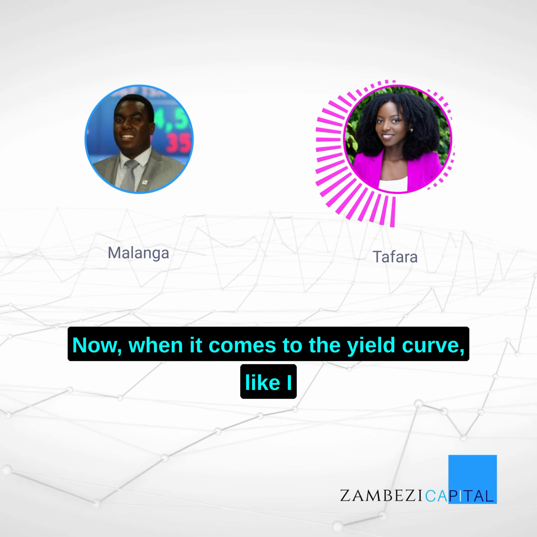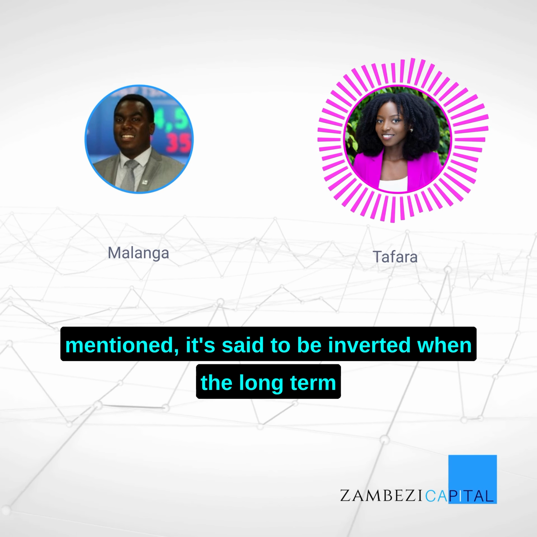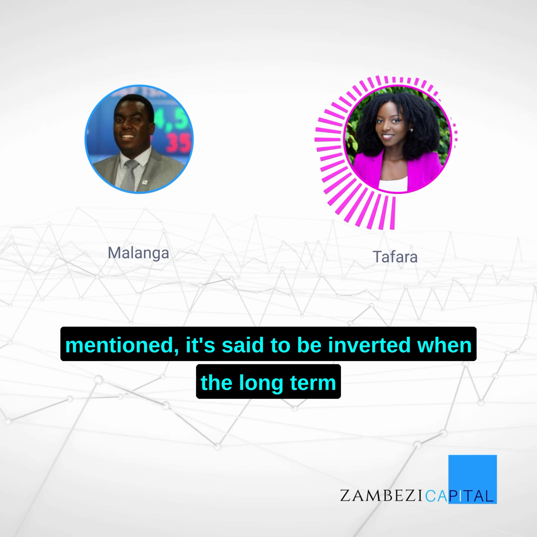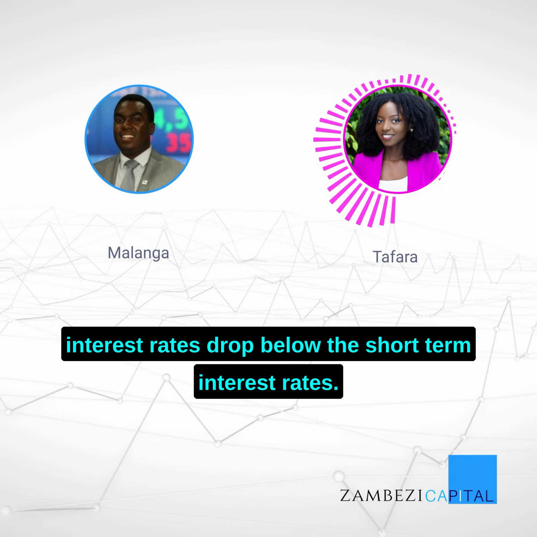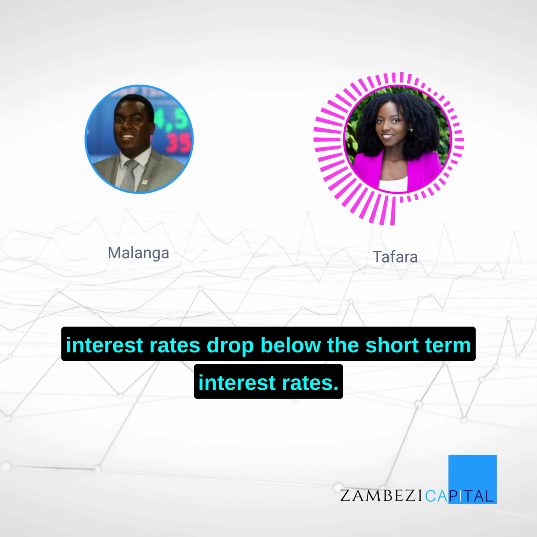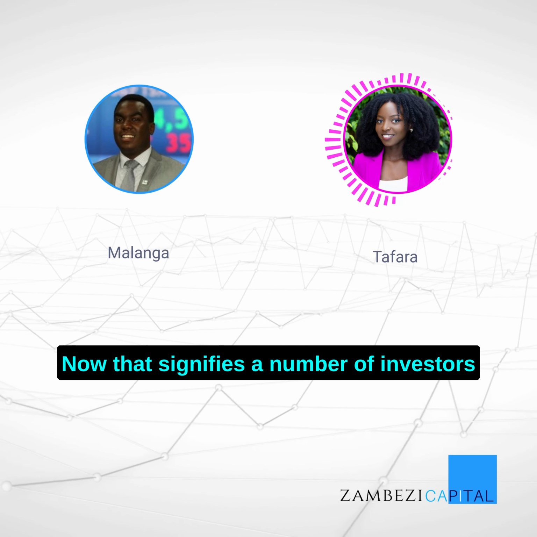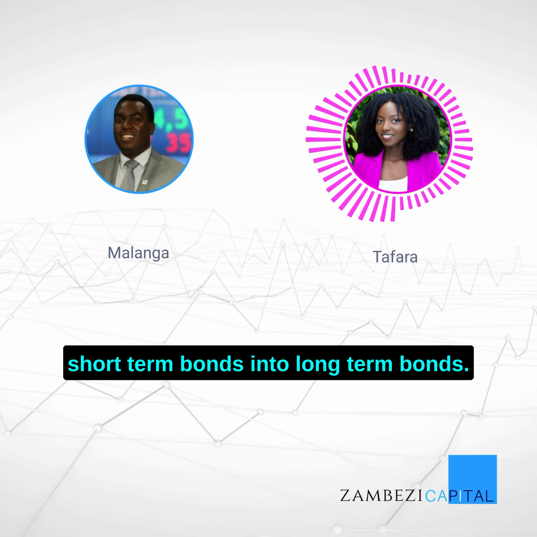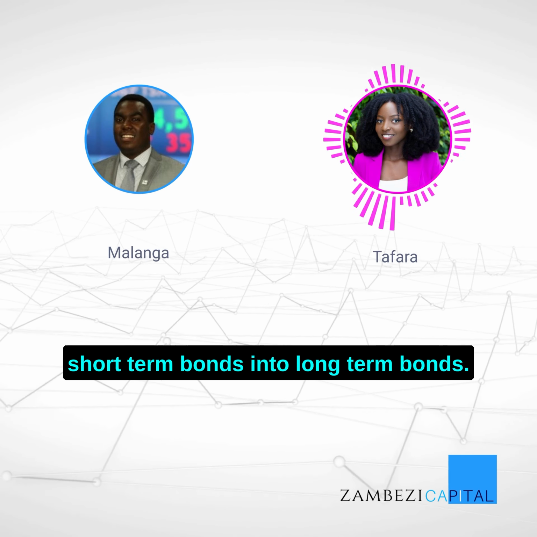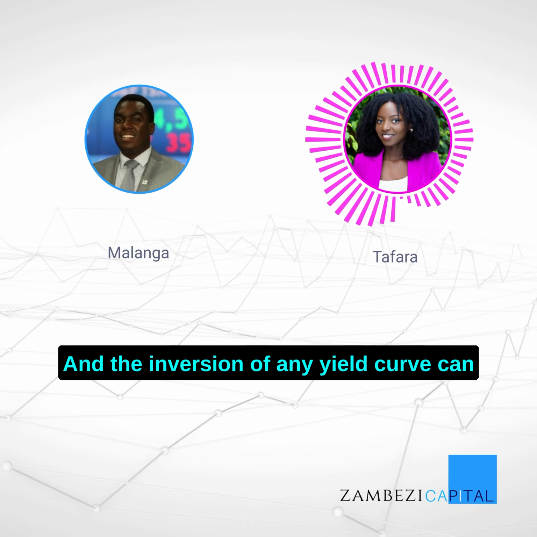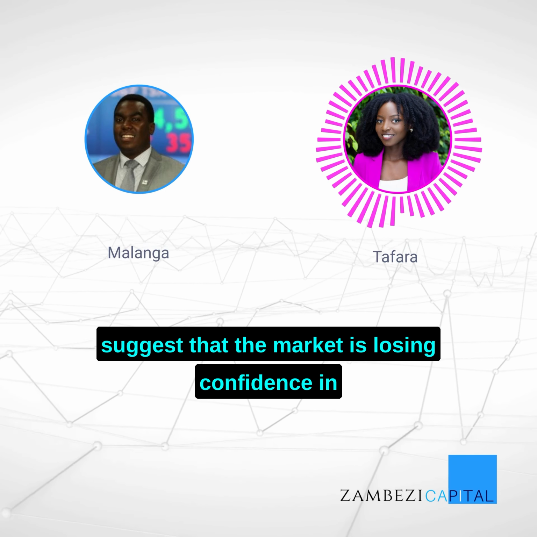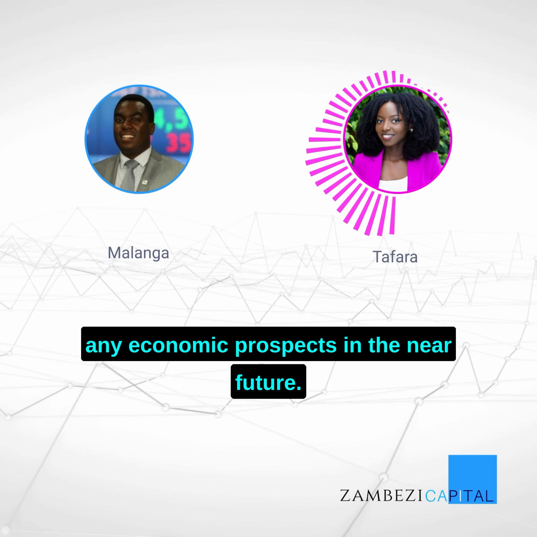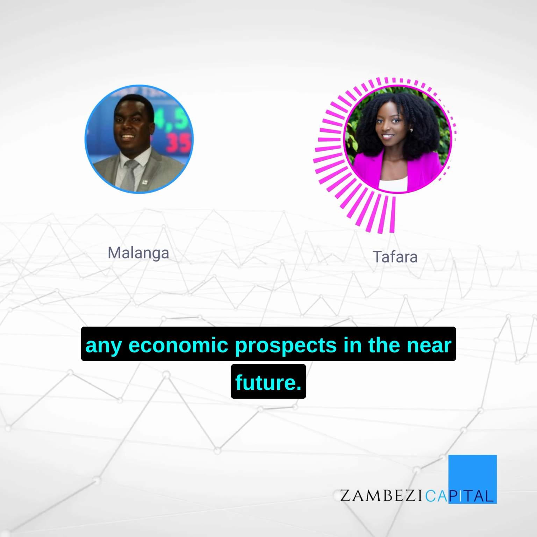Now, when it comes to the yield curve, it's said to be inverted when the long-term interest rates drop below the short-term interest rates. That signifies a number of investors are moving their money away from long-term bonds into short-term bonds. The inversion of the yield curve can suggest that the market is losing confidence in the economic prospects of the near future.